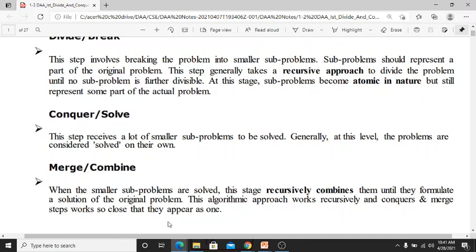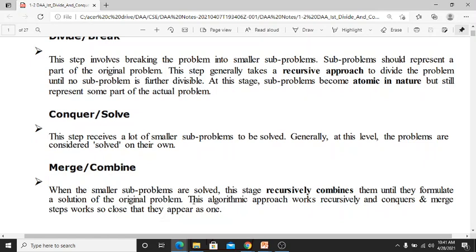First, we recursively divide into sub problems until it is no longer possible to divide. In the same way, merge combines the sub problems recursively until we reach the solution of the original problem.